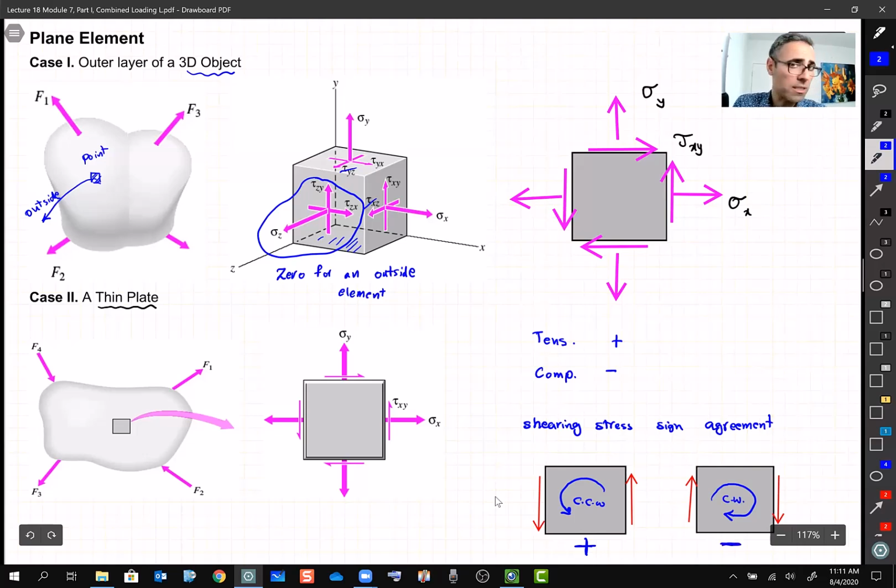Right? This is, again, just an agreement between you and me. Later, when you see something like that, you say the stress is positive. Something like the right side, you consider negative. Okay? And always for a 2D element, we have sigma x, sigma y, and tau xy.